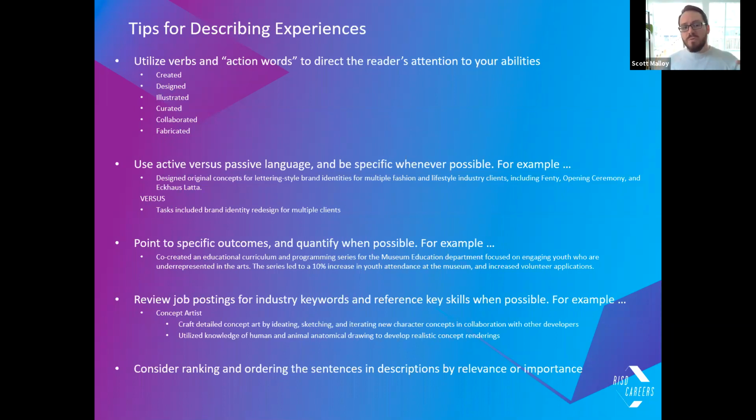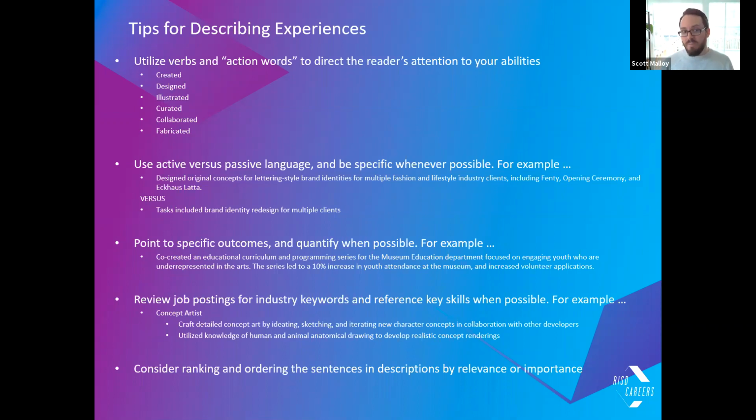Not only do you want to use active versus passive language, but try to be specific, try to be somewhat detailed. So here's a contrast. I'll say the one that's very bland and generic first. You could have a description that said something like, tasks included brand identity redesign for multiple clients. It describes the experience a little bit.